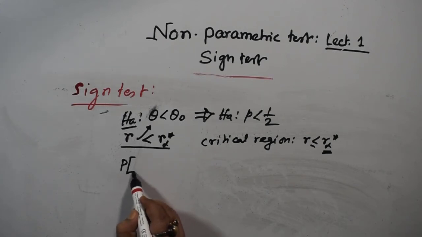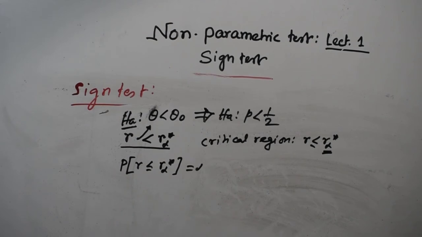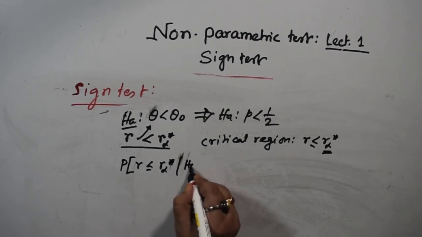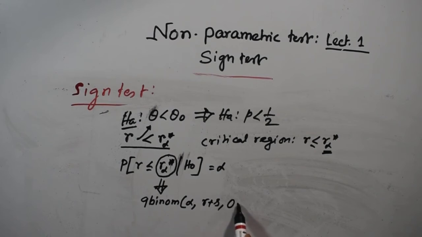Similarly we can find R alpha star as the value where the probability of R less than or equal to R alpha star under H naught is at most alpha. For finding this cutoff point you can use a binomial table, Excel or any other statistical package, and if you use R then you can use the code q binom (alpha, r plus s, 0.5). So this gives R alpha star.